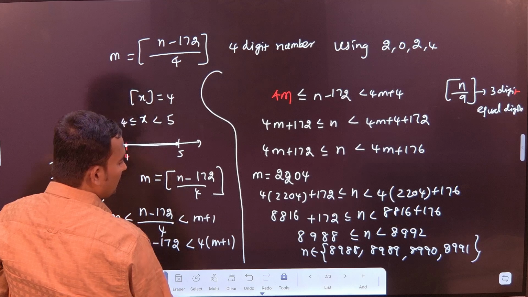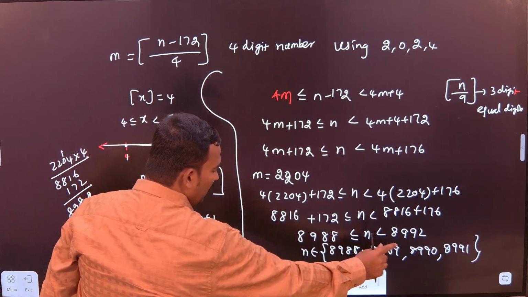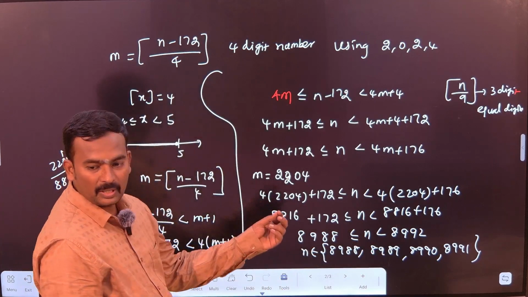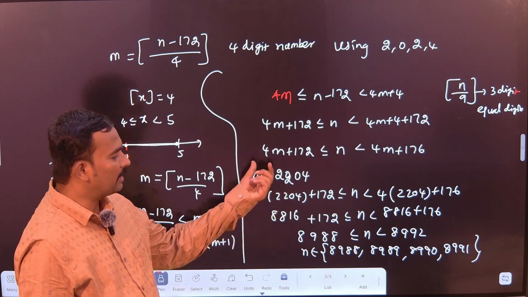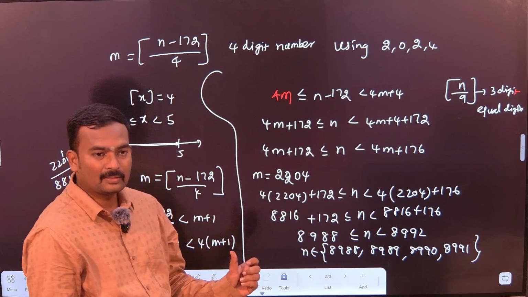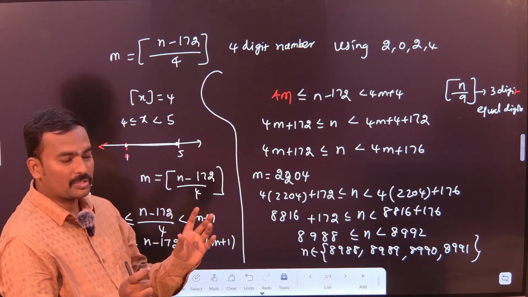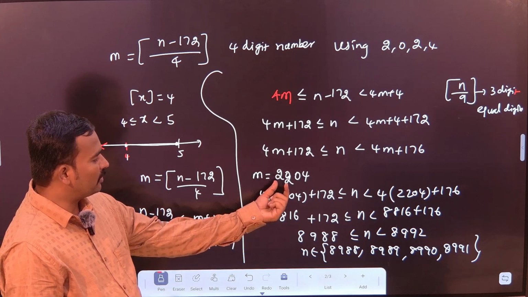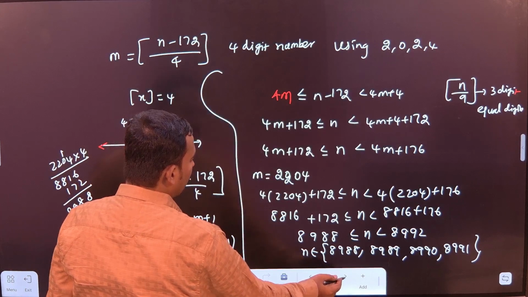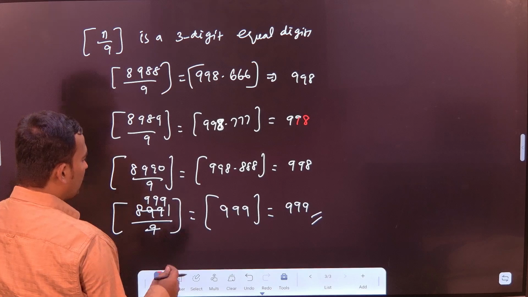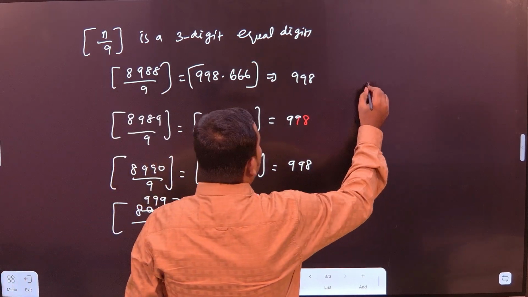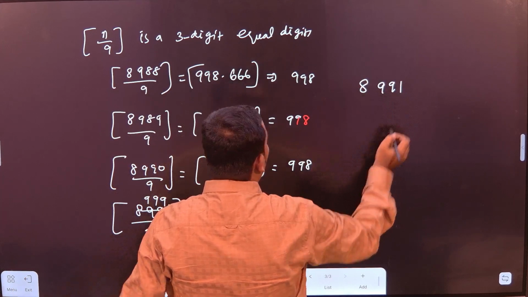So n will be a 4-digit number. If I take m equal to 2204, you can verify with a different m value; you will not get all digits the same. So the suitable one is 2204, and the suitable n is 8991.